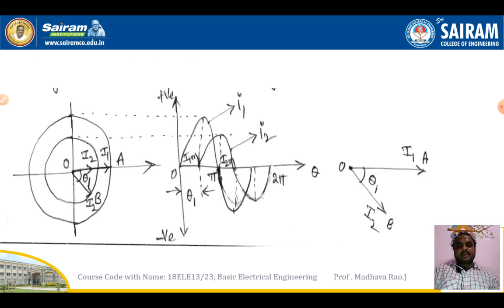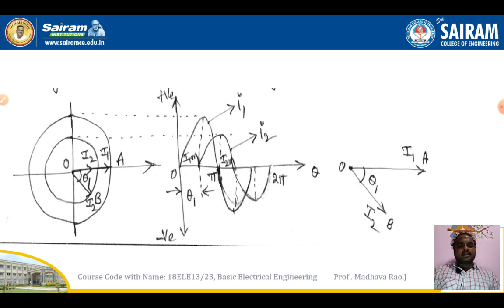Here we are considering two alternating current waveforms I1 and I2, having some phase difference phi 1. The magnitude of I1 is I1m, and the magnitude of I2 is I2m. In the phasor diagram you can see I1 and I2, and the phase difference is phi 1.